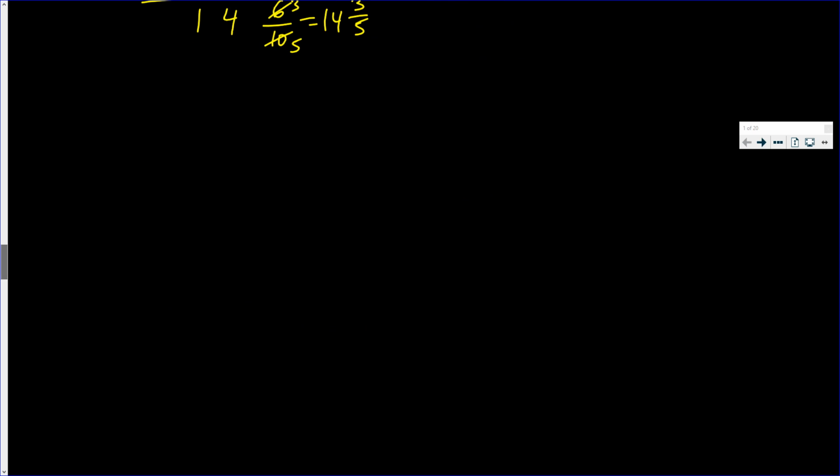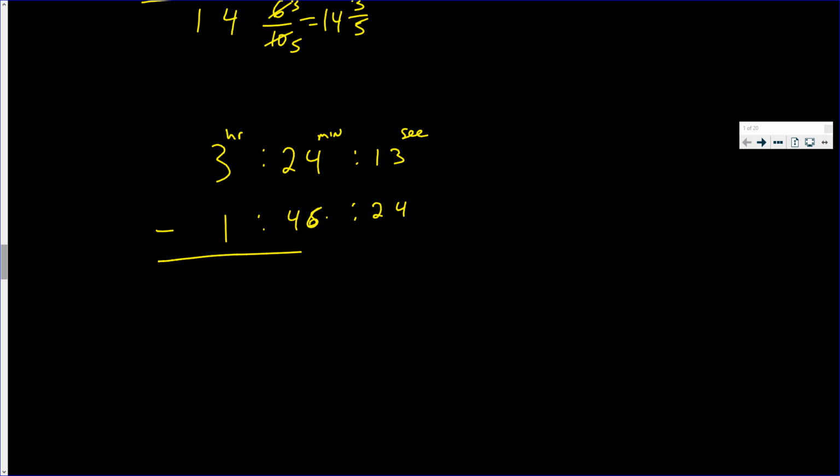How about we do a different type of problem? Suppose you have 3 hours, 24 minutes, and 13 seconds. And you want to subtract 1 hour, 46 minutes, and 24 seconds.